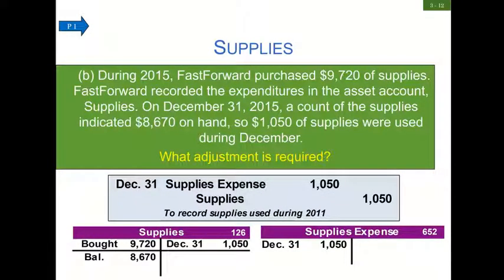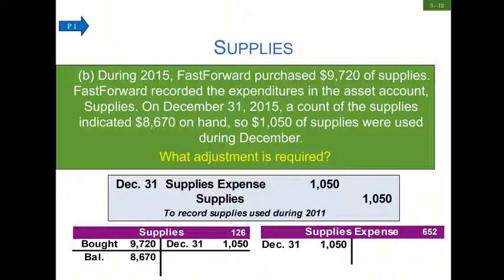Another item under this category of prepaid expenses is supplies, and supplies have a similar treatment to prepaid insurance. During 2015, Fast Food purchased 9,720 of supplies.